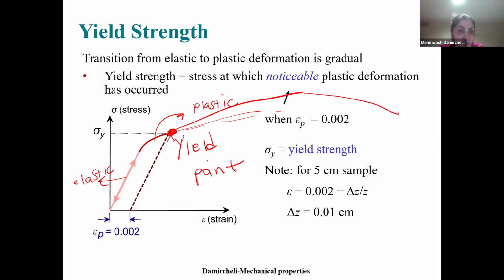The stress of this point is the yield stress, and the strain of this point is the yield strain. If we have a strain more than this, it means we enter the plastic region.